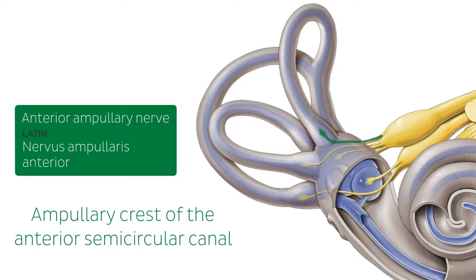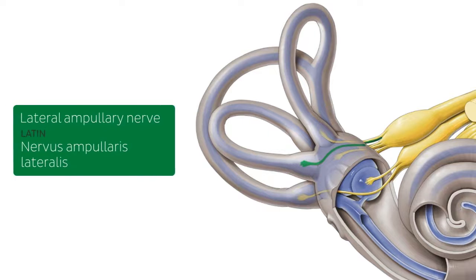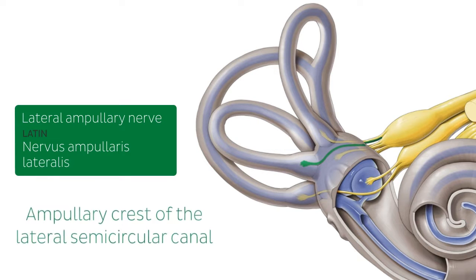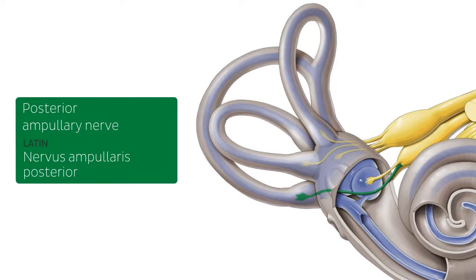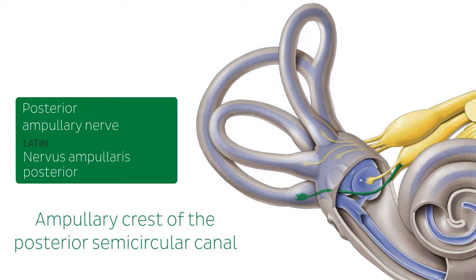Similar to the anterior ampullary nerve, the lateral ampullary nerve arises from the superior vestibular ganglion to supply the ampullary crest of the lateral semicircular canal. The posterior ampullary nerve branches from the inferior vestibular ganglion to supply the ampullary crest of the posterior semicircular canal.